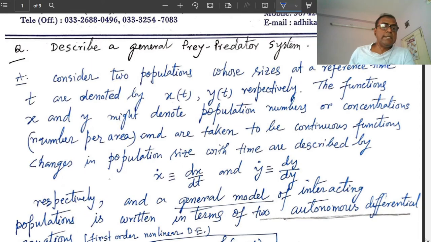functions. Changes in population size with time are described by x dot, equivalent to dx/dt, and y dot, equivalent to dy/dt, respectively.